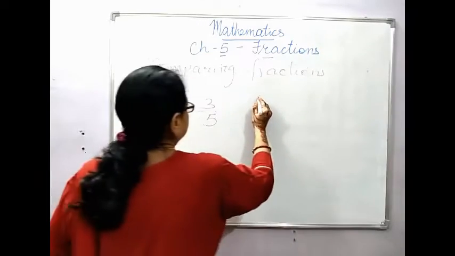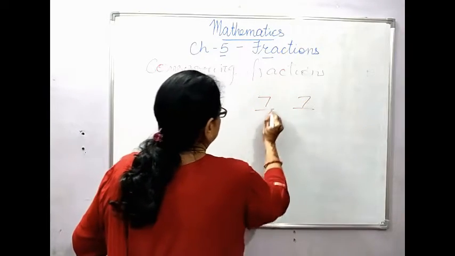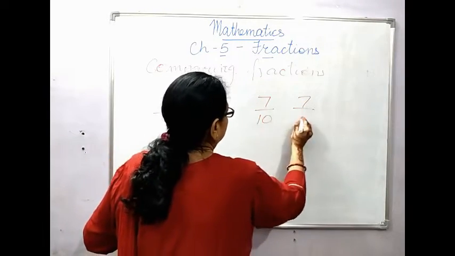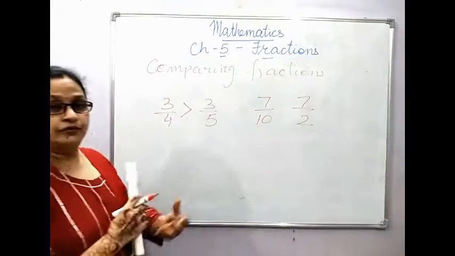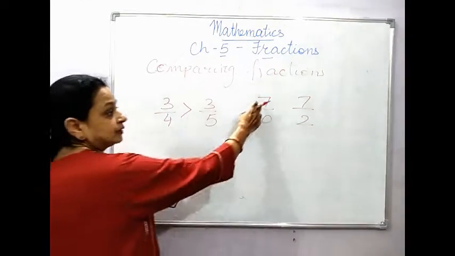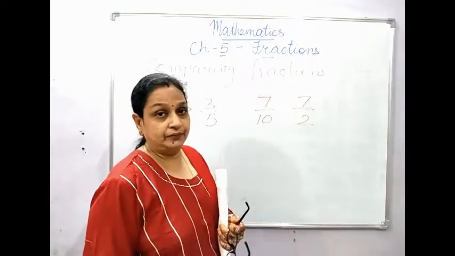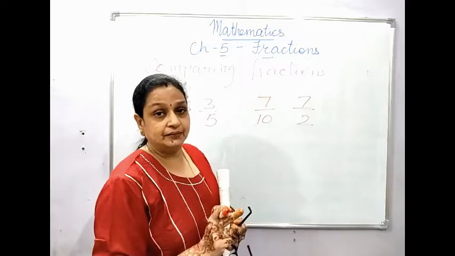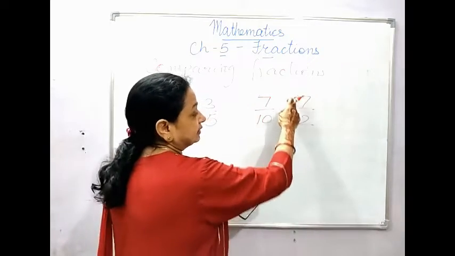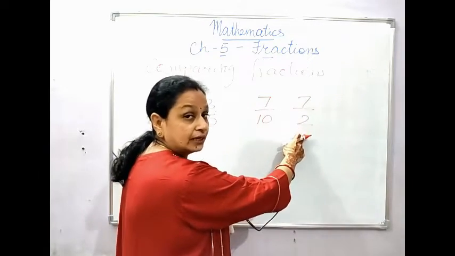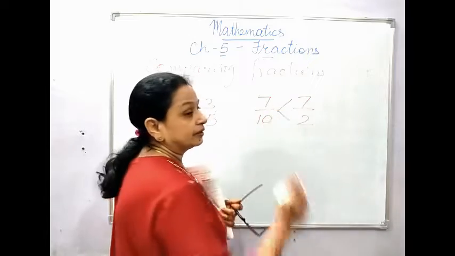Another example, if I take 7 upon 7 and 10 upon 2, which will be greater? Since the numerators are same, they are unlike definitely because the denominators are not same. So in that case, the fraction which has got the smaller denominator will be greater.